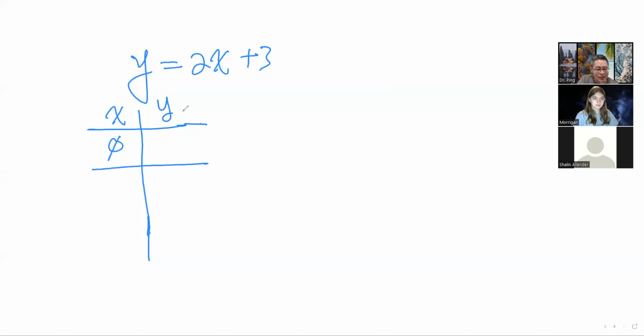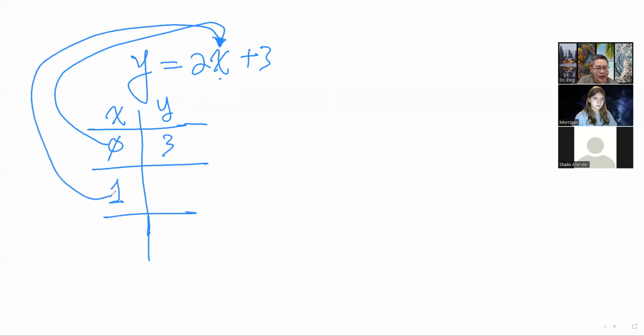So x is 0, then y is 2 times 0, right? We replace x, sorry, 0 into our x. 2 times 0 is 0 plus 3, so it's 3. When x is 1, we plug 1 back to here. Then 2 times 1 is 2 plus 3 is 5. So we got 2 points: 0, comma 3 and 1, comma 5.